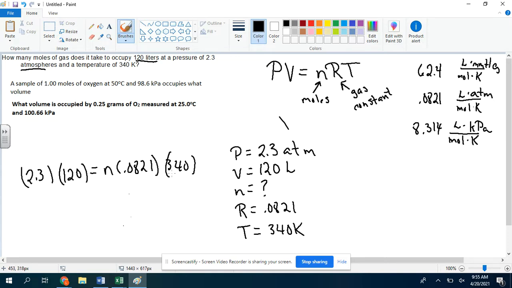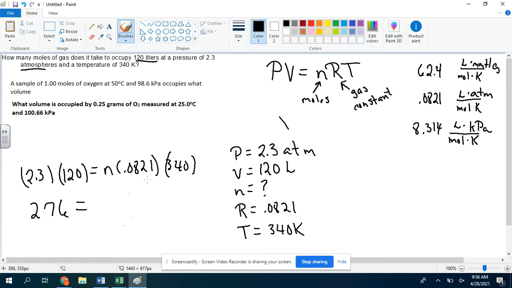I know that you guys like to combine like terms. So before you start solving for your variable, if you want to combine these, you can go ahead and do this. You can say 2.3 times 120. So these two combined is 276.